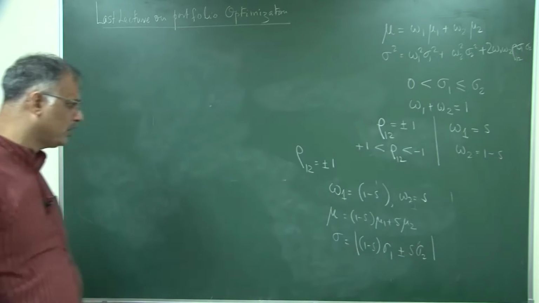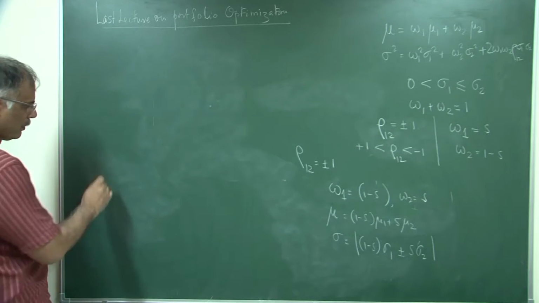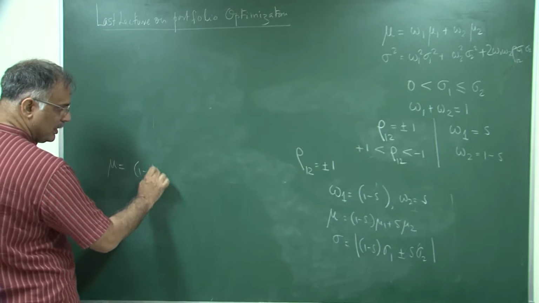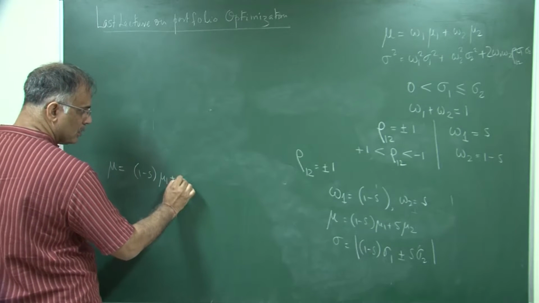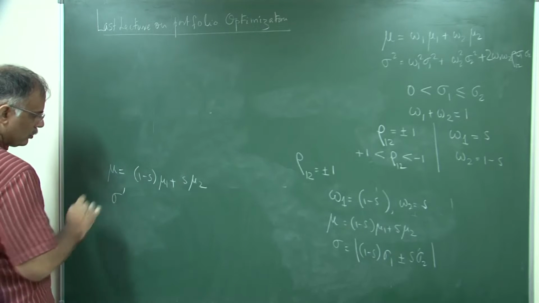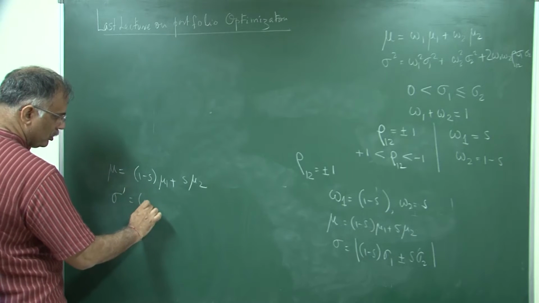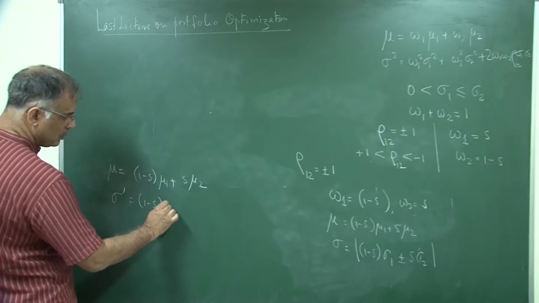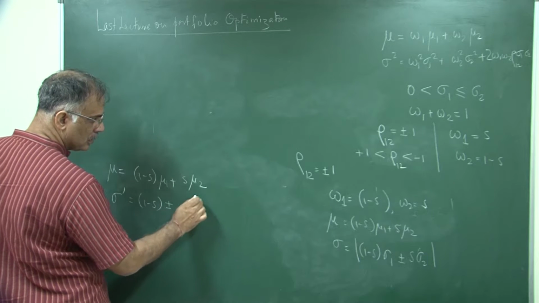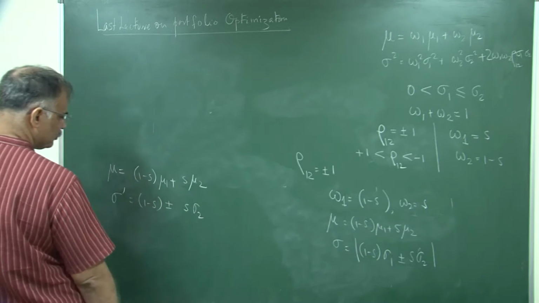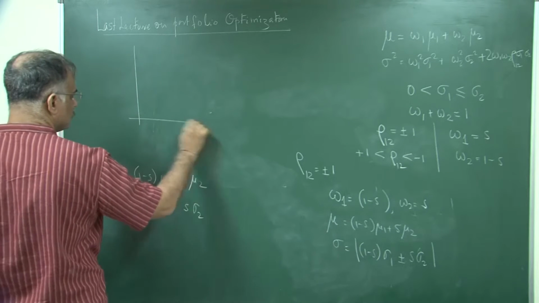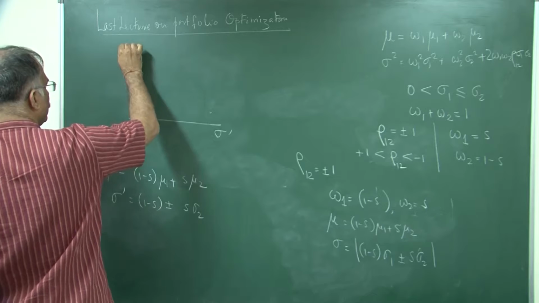So, how are we going to draw the diagram? The first trick is to just consider this parametric equation, 1 minus S mu 1 plus S mu 2. Do not bother about the 1 minus S sigma 1 plus minus S sigma 2 for now. Now take this diagram, with sigma dash and mu.